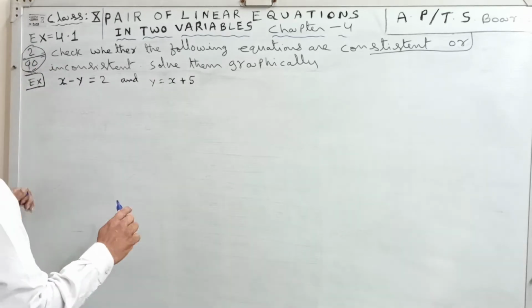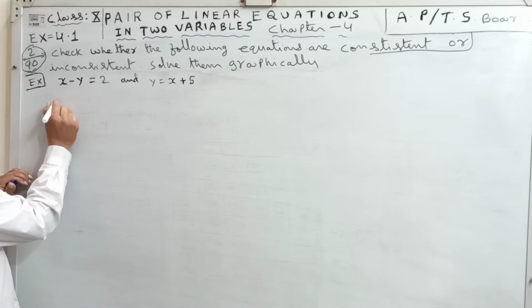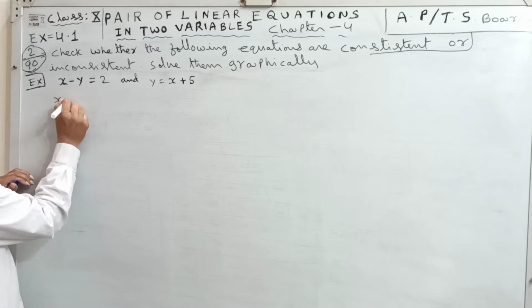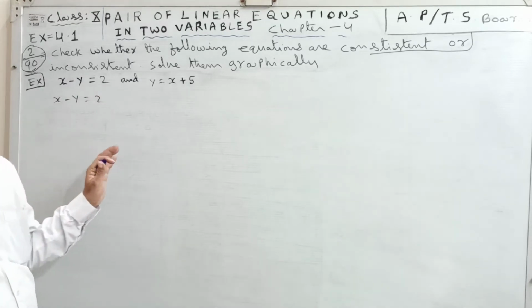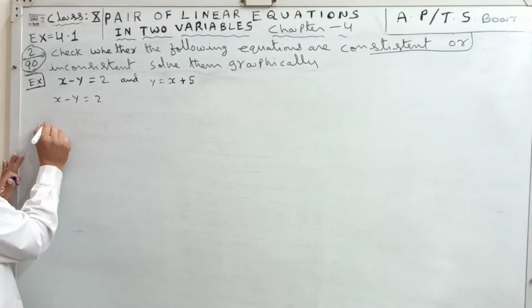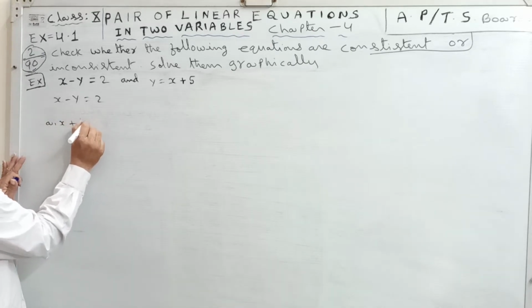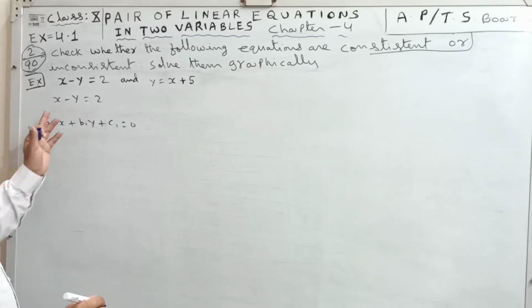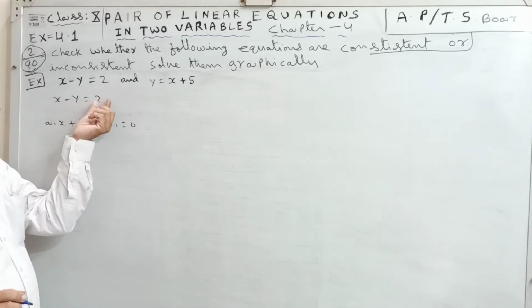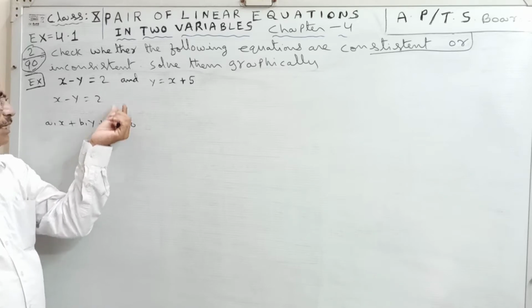Before going to this, I have to write the given equations in standard form. This is the first equation, x minus y is equal to 2. What is the standard equation? That is a1x plus b1y plus c1 is equal to 0. See this equation? Here the constant is on the right side, but in the general equation the constant is on the left side.